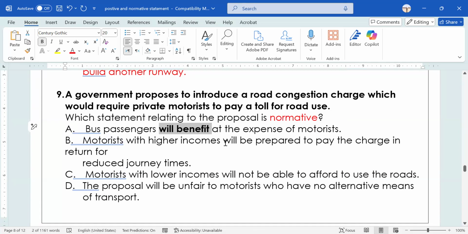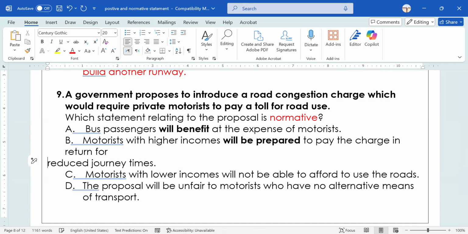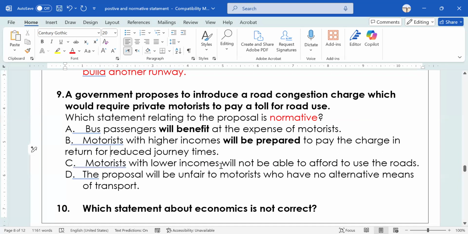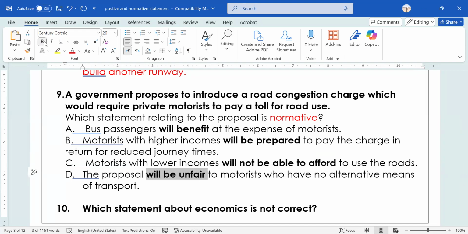Motorists with higher incomes will be prepared to pay the charge for the return during peak times. Motorists with low incomes will not be able to afford it, and you have letter D, will be unfair. Number nine, you have the "will."